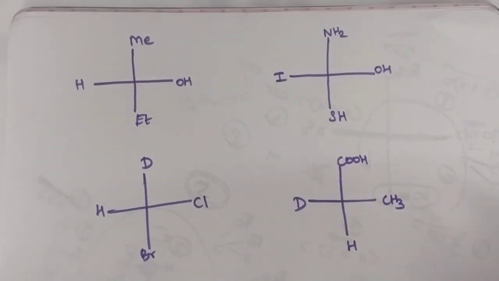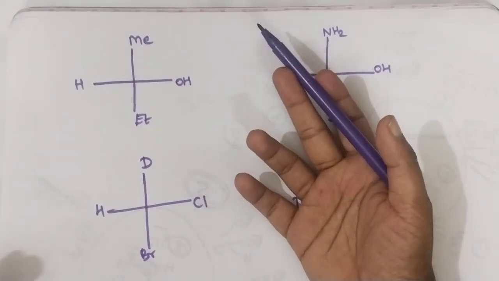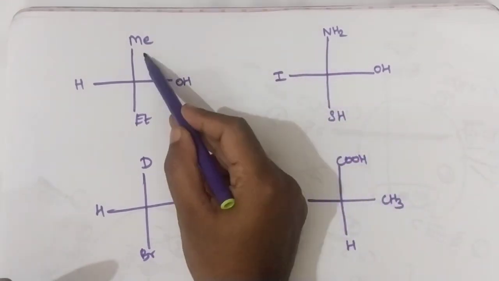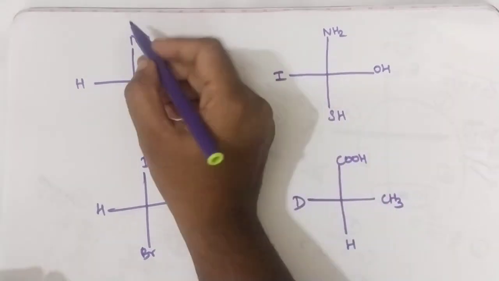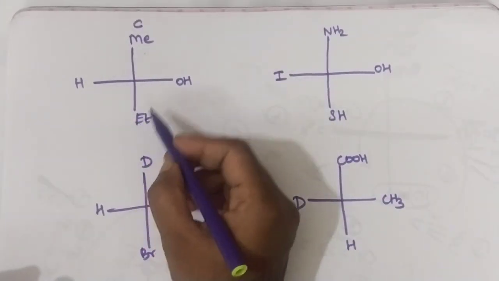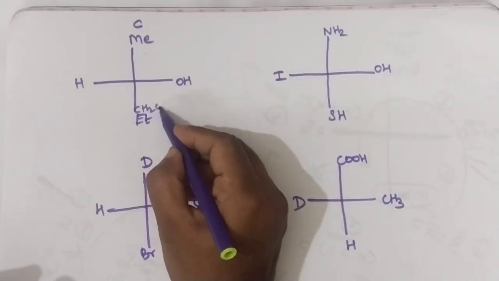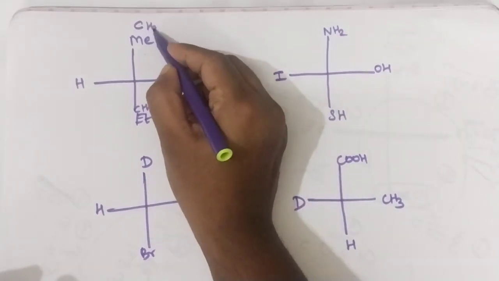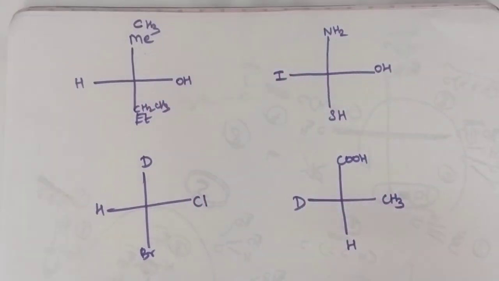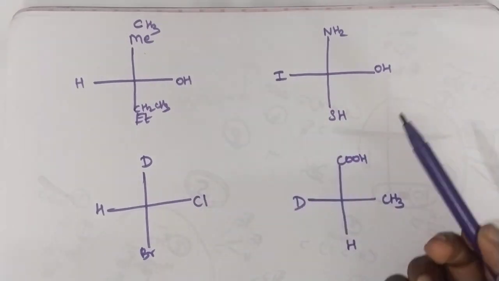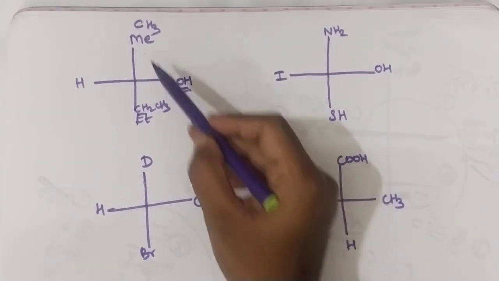Okay, so see, in this case, how you have to find out the configuration: methyl group is nothing but CH3. It is a carbon atom. Here ethyl group, hence it is CH2, CH3. It is CH3, and in this case it is OH. Now, first of all, you have to look for the atomic number, which is having higher atomic number. It is oxygen.